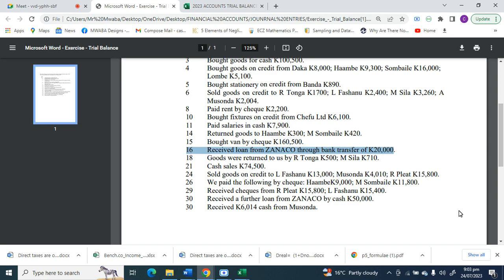That loan account. You credit Zanaco 20,000. Don't use loan. 20,000. Other way around how? We debit Zanaco and credit our bank.